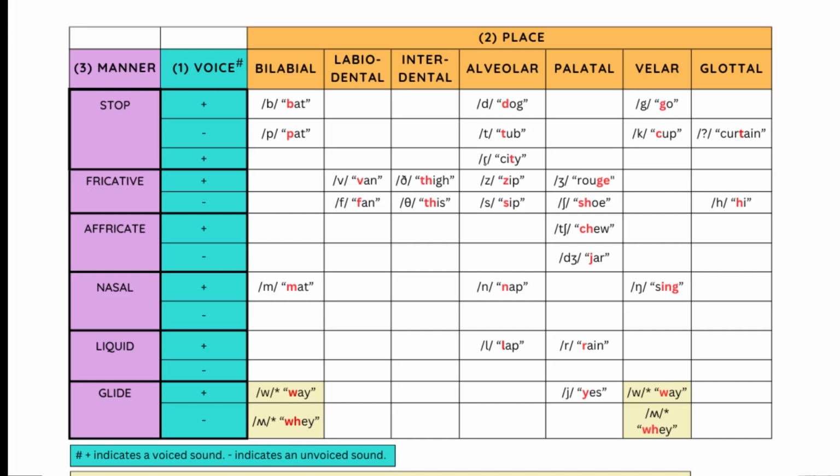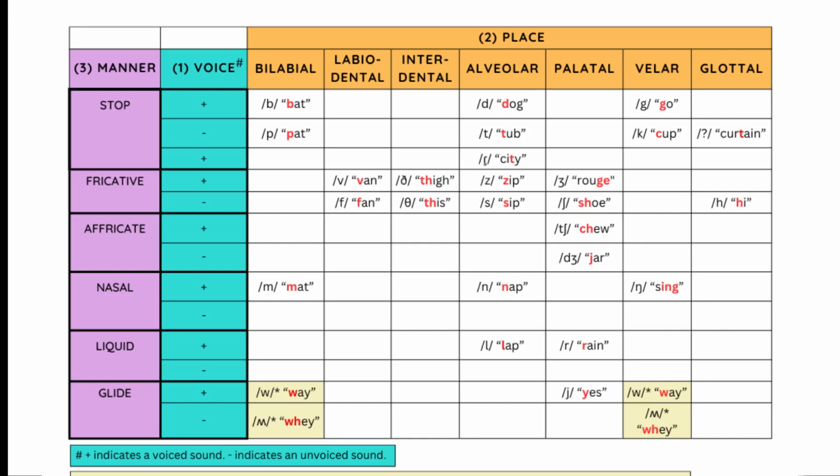So the way to read this table would be, let's look at the first row under bilabial, it says b, bat. You will also notice that voice has the number 1 next to it, place has the number 2 next to it, and manner has the number 3 next to it. So when we describe a sound, we do it in that order.